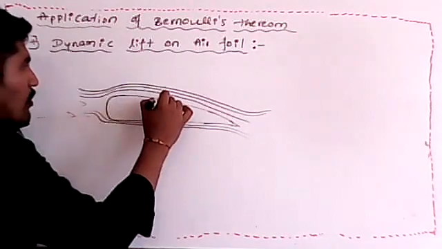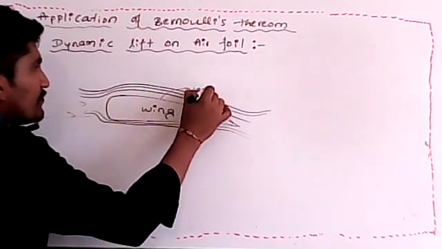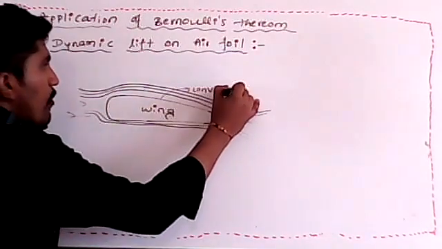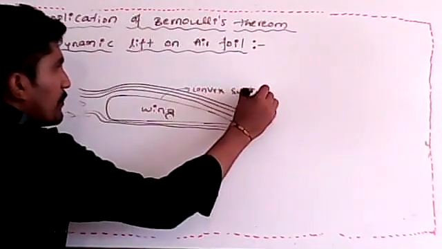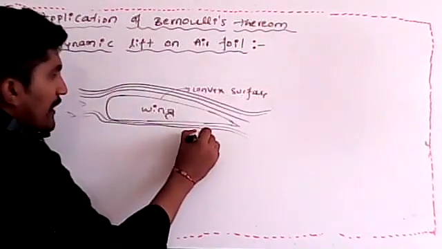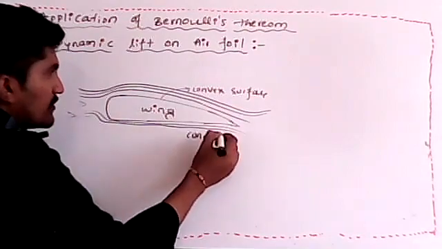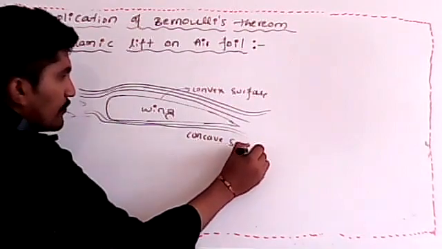So this is called the convex surface of the wing. This is the convex surface and this is the concave surface. The bottom surface is called the concave surface.